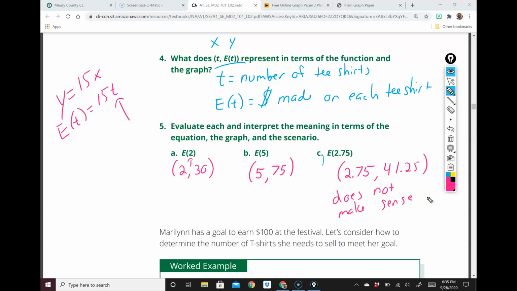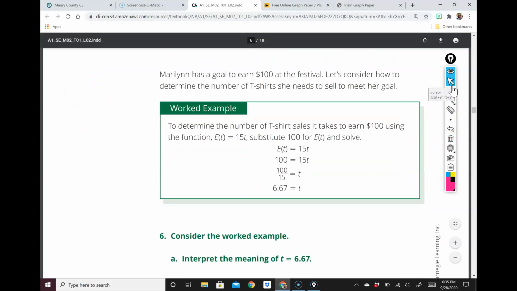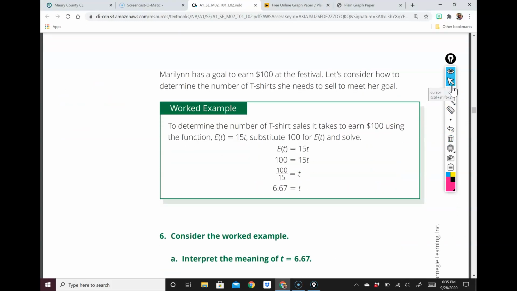Marilyn has a goal to earn $100 at the festival. Let's consider how to determine the number of t-shirts she needs to sell to meet her goal. To determine the number of t-shirt sales it takes to earn $100 using the function ET equals 15t, substitute in 100 for ET and solve. Okay, so we've got 100 equals 15t.